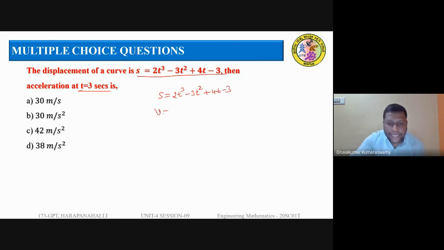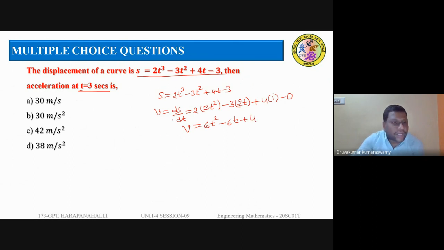So to find velocity, differentiate s with respect to t. So that is 2 into differentiation of t cube, 3t square, minus 3 into differentiation of t square is 2t, plus 4 into differentiation of t is 1, and differentiation of 3 is 0. If you simplify this, 3 into 2, 6t square minus 3 into 2, 6t plus 4 remains.